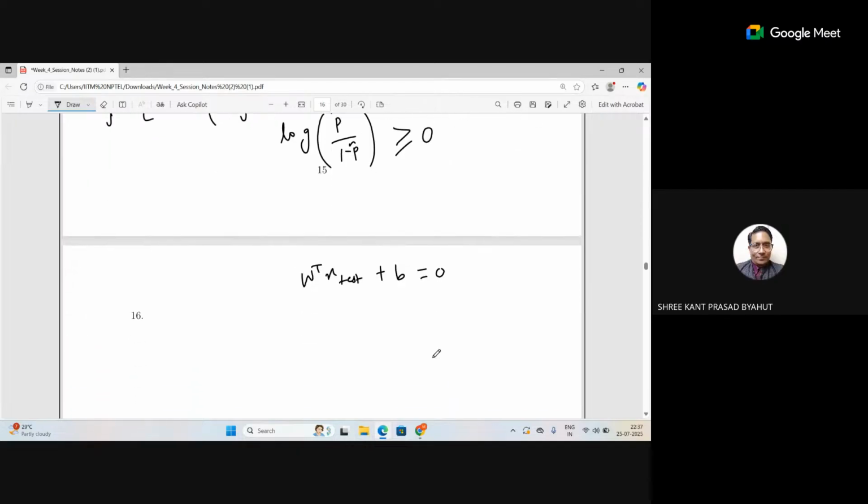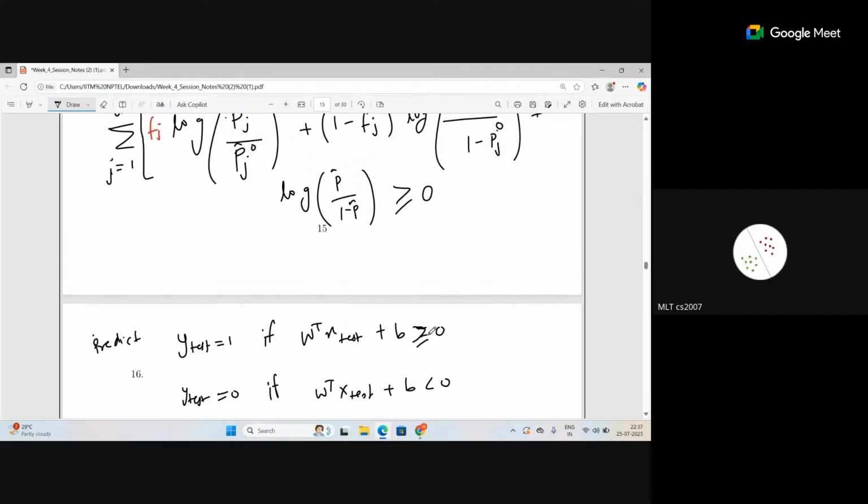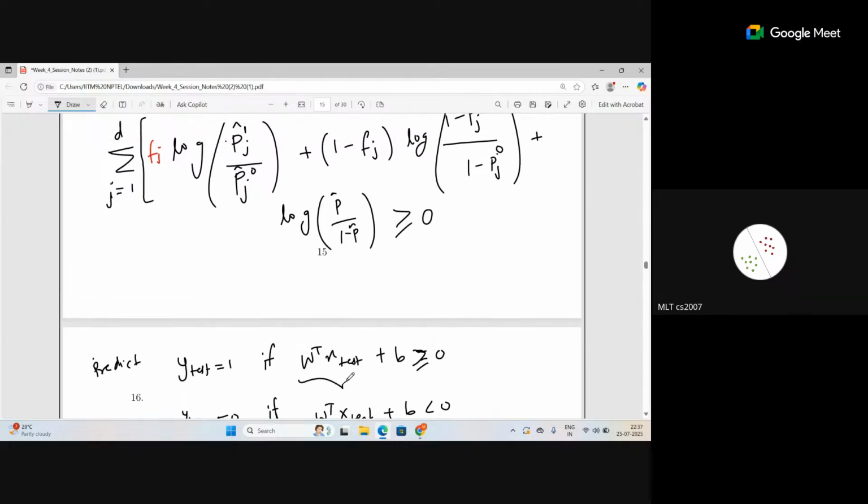Our prediction phase is: predict y test equal to 1 if W transpose X test plus B is greater than or equal to 0, and y test equal to 0 if it is less than 0. That means I wanted to see the above equation written in this format.